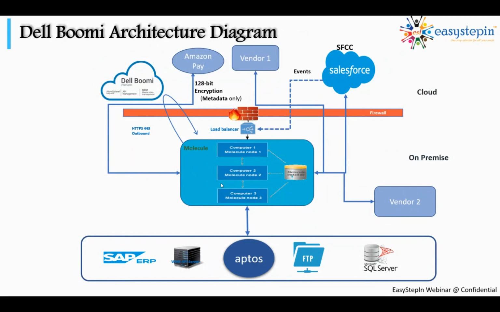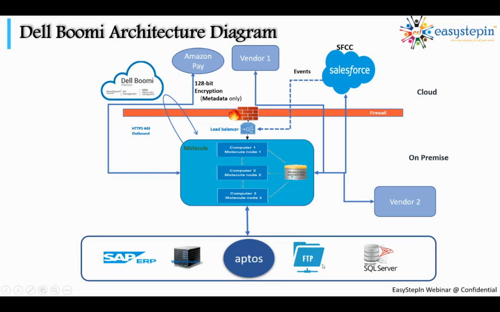This molecule is behind the firewall because of security reasons, and there are applications which we need to connect as FTP. They have their SQL server, and they have a WMS application and SAP. As I mentioned, orders were created in SFCC, and the interactions with Amazon Pay should happen for the payment gateway, and they have other payments also, but I have just mentioned only Amazon Pay here.